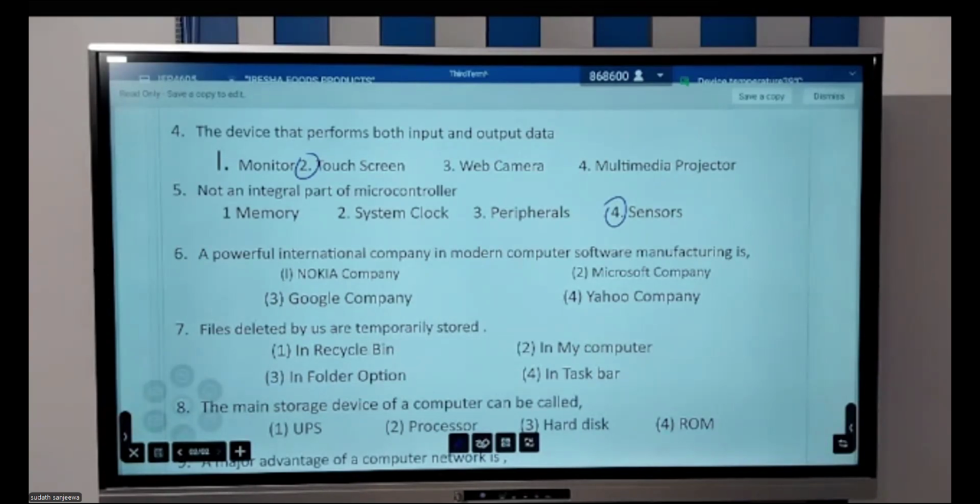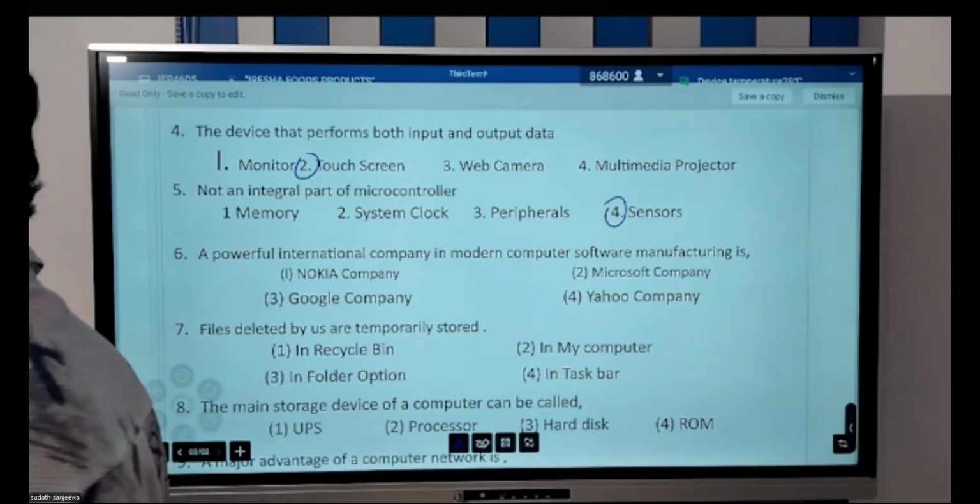The inputs, outputs, and the storage devices connected to the computer. Normally, we call them input-output pins, the small pins of the microcontroller.